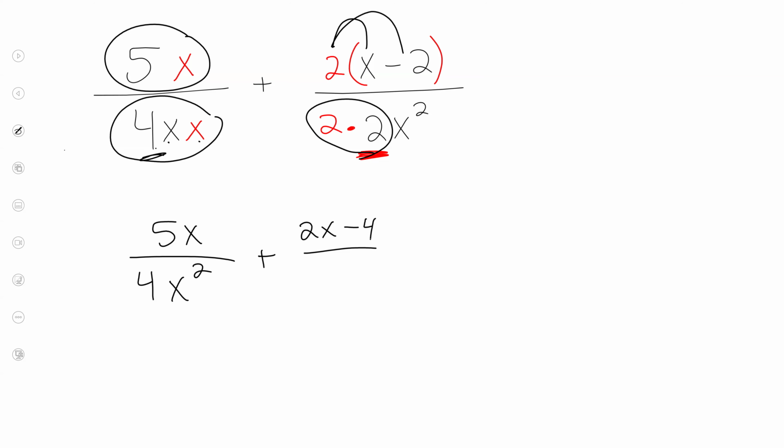Now the denominator. 2 times 2 is 4, and then we have this x squared. Now the denominators match. So if I want to add them together, keep the denominator the same, and then add the numerator. 5x plus 2x is 7x, and then I have a -4. And that's your answer.